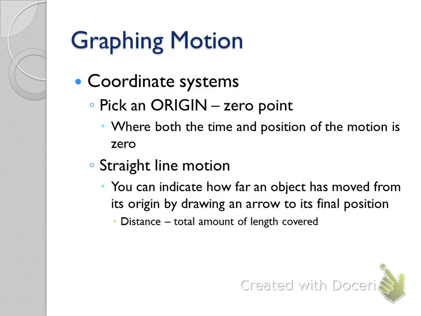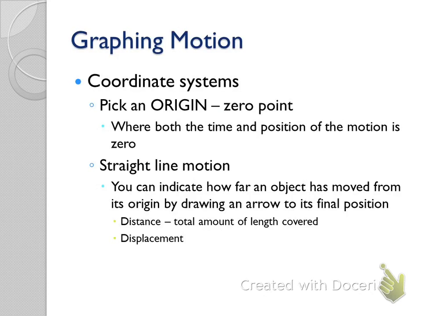There are two terms here that I want you to be familiar with. The first of which is distance, and it's the total amount of length that's been covered. And that seems obvious, right? But the other term we're going to talk about is something called displacement, and that has a totally different definition.